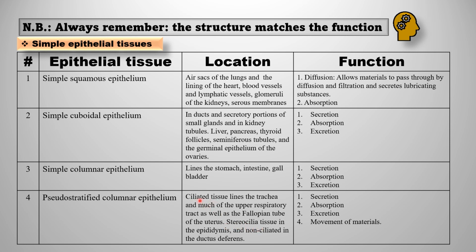Stereocilia, which is some sort of cilia tissue, are found in the epididymis. The epididymis is a part of the male genitalia, and it is important there to move the sperm and push them towards the outside. And non-ciliated pseudo-stratified columnar epithelium is found in the ductus deferens, which is also a part of the male genitalia.